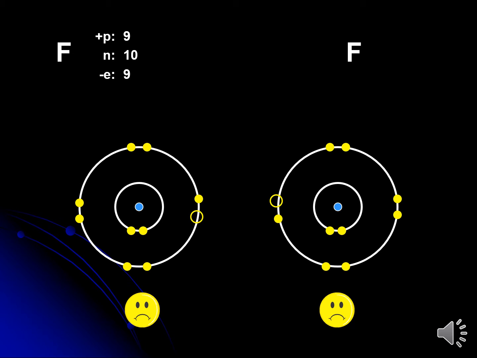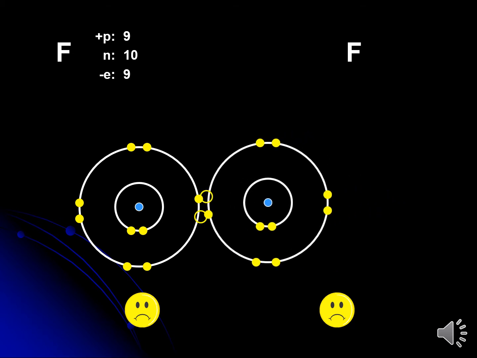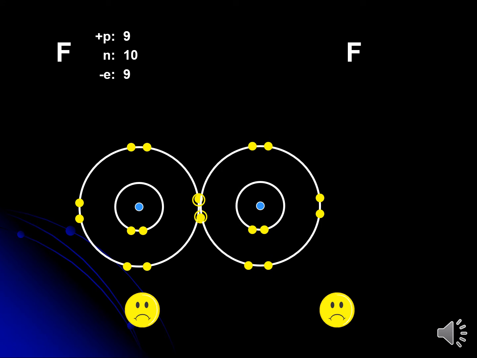They both have only 7 electrons in the outside shell. But for the time being, so that they can be stable, what they're going to do is slide over and share the outside electron shell. And now if you look at the atom on the left hand side, there's 2, 4, 6, 8 electrons on the outside shell, and the one on the right is the same way.